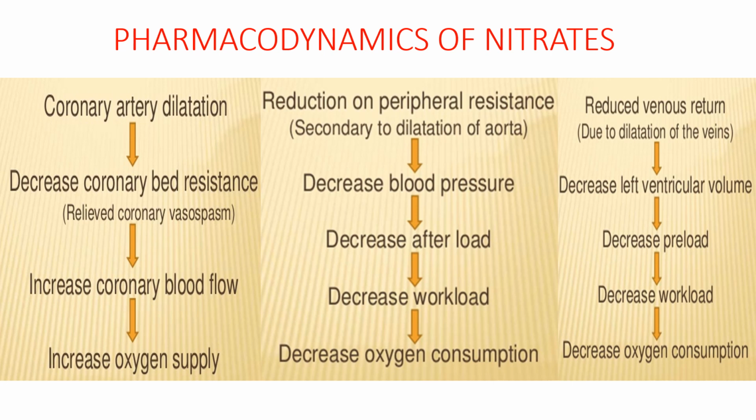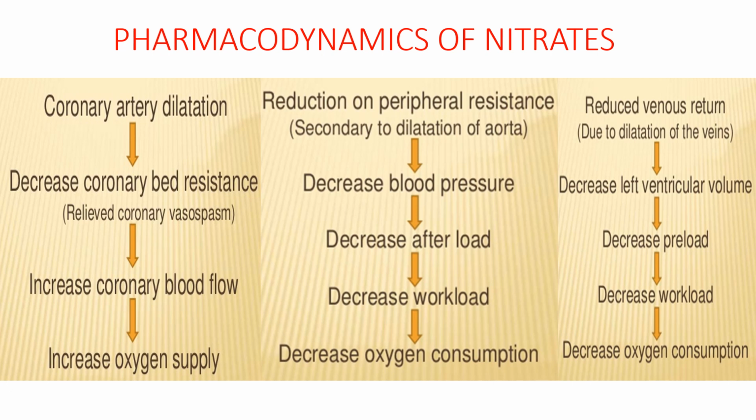Now what happens to peripheral resistance? It is also reduced. If the resistance is reduced, the blood pressure is decreased, afterload is decreased, workload is decreased. So this means when you have decreased workload, you have decreased oxygen demand. This is our second goal of anti-anginal drugs.